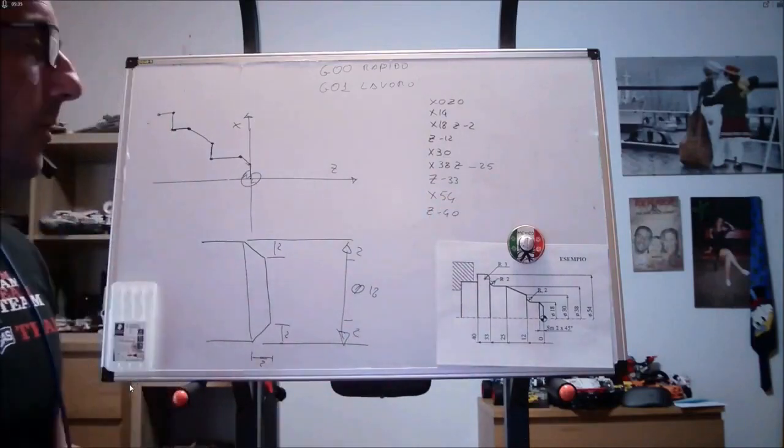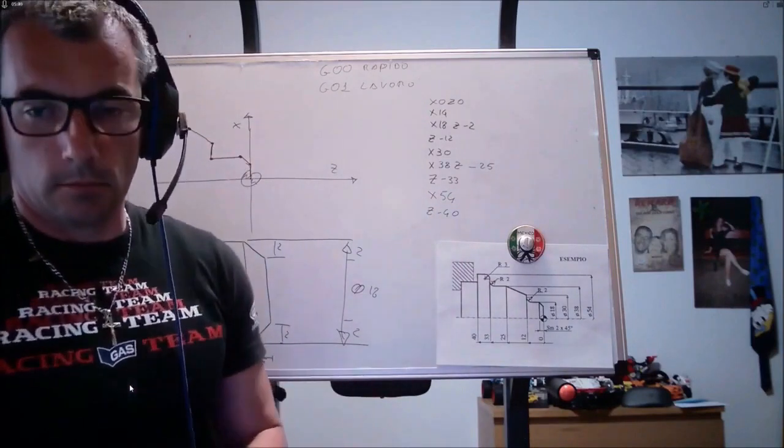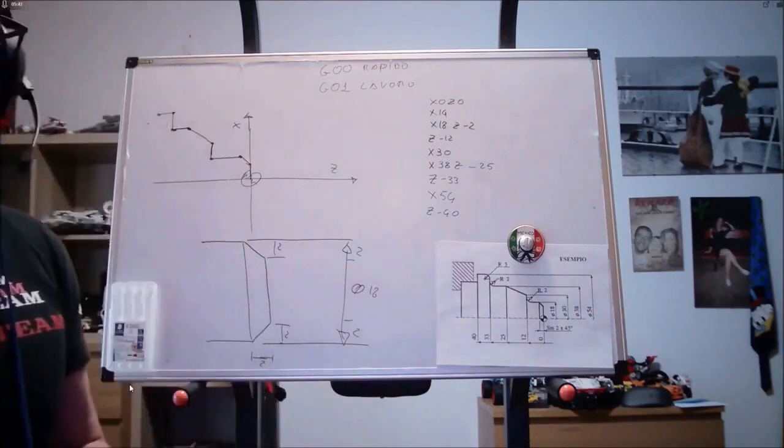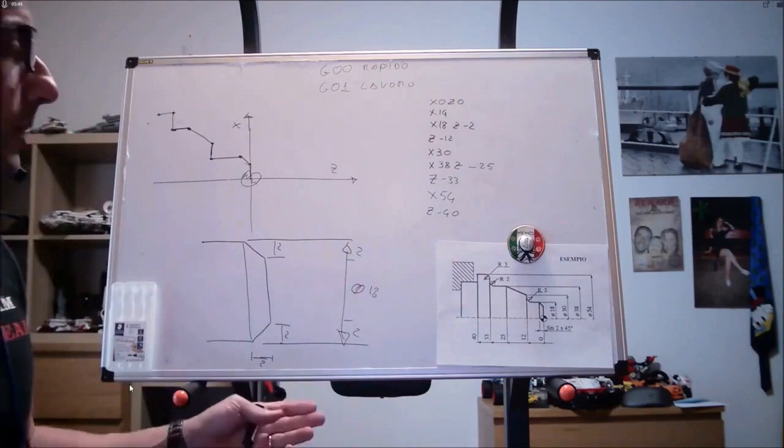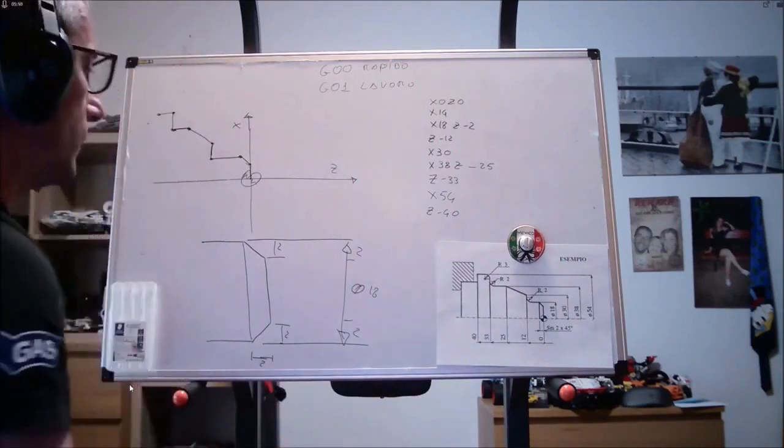So, we understood that G01 allows us to move in our work plane linearly. Obviously, our pieces are made of sections of straight lines and sections of circles, arcs, or fittings.